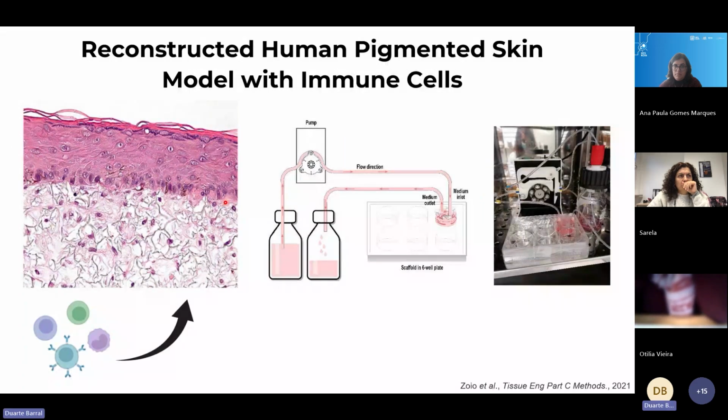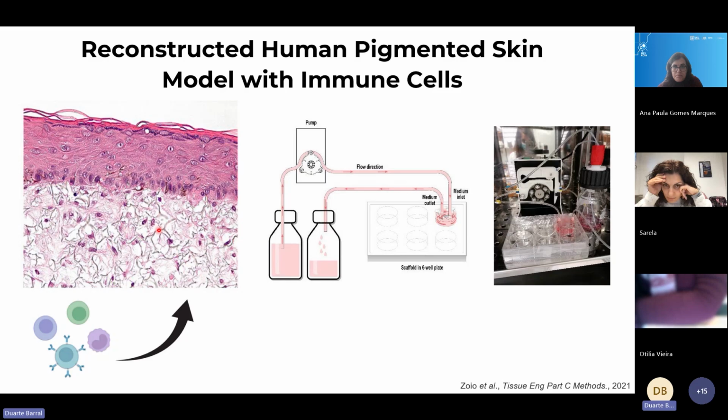So we are now developing, and this is the project we have in collaboration with MPS and funded by MPS, an immune competent skin model, by adding immune cells to our reconstructed skin.